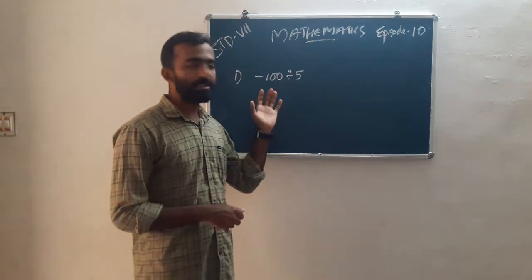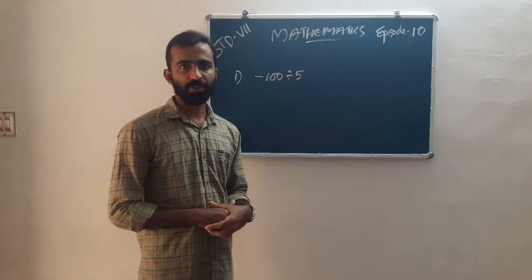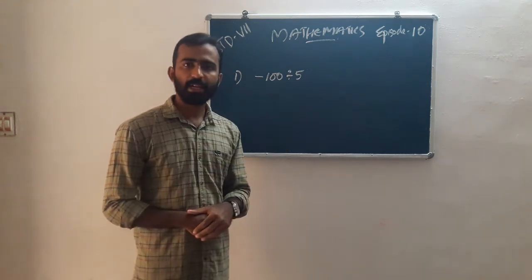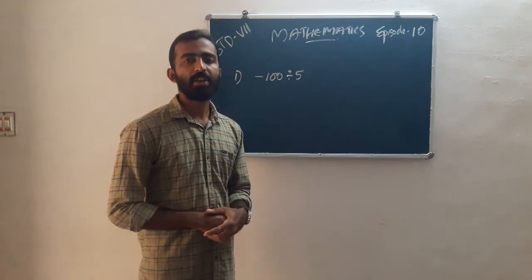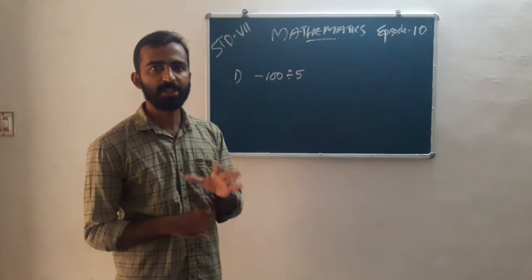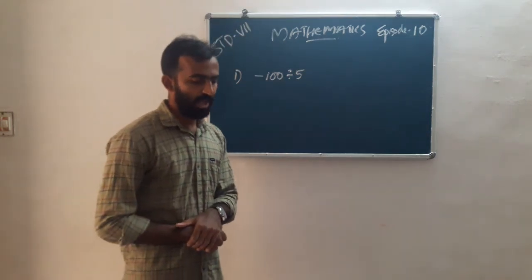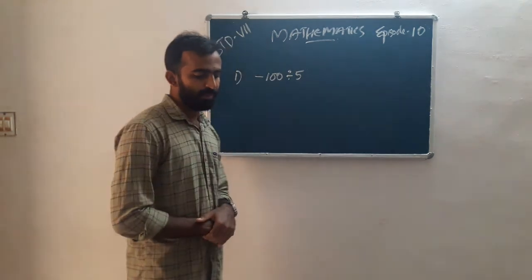Here negative 100 is a negative integer and 5 is a positive integer. Then our answer must be negative.